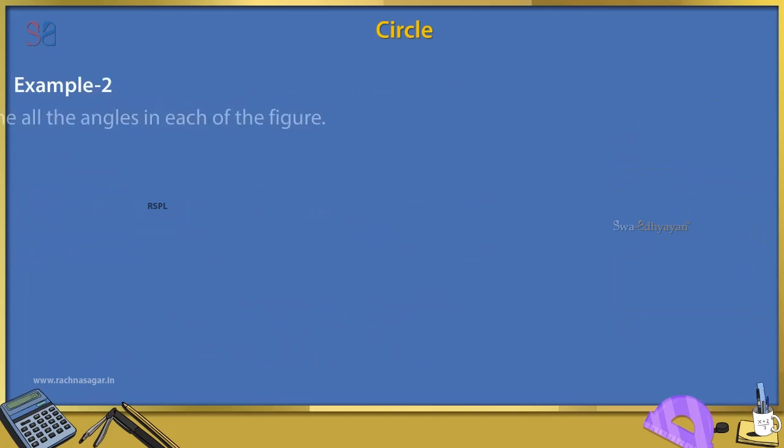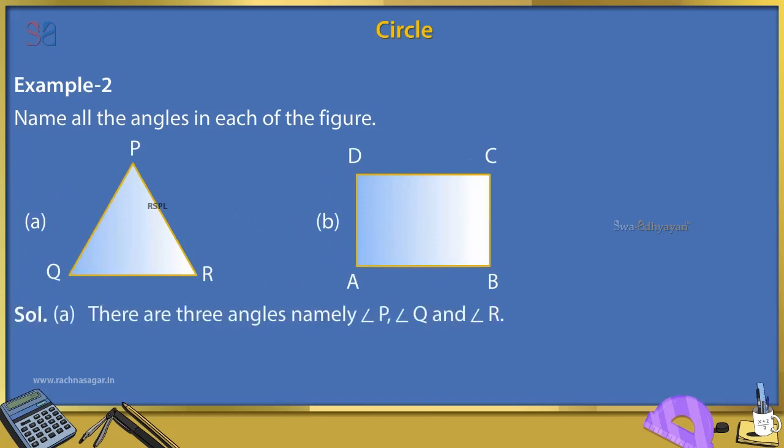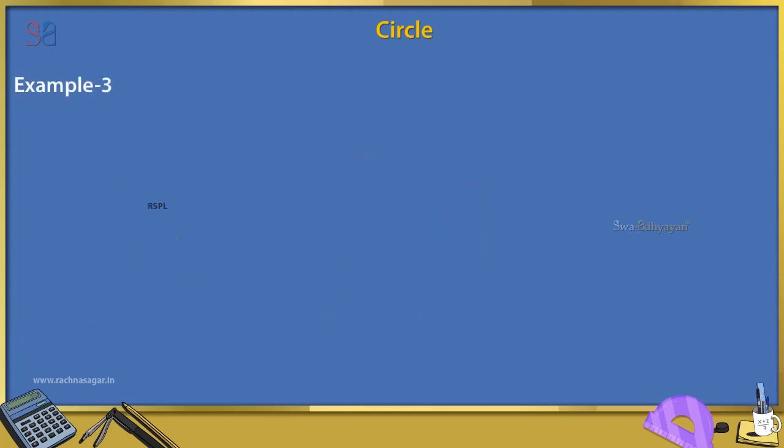Example 2. Name all the angles in each of the figures. A. B. Solution. A. There are 3 angles, namely angle P, angle Q and angle R. B. There are 4 angles, namely angle A, angle B, angle C and angle D. Example 3.